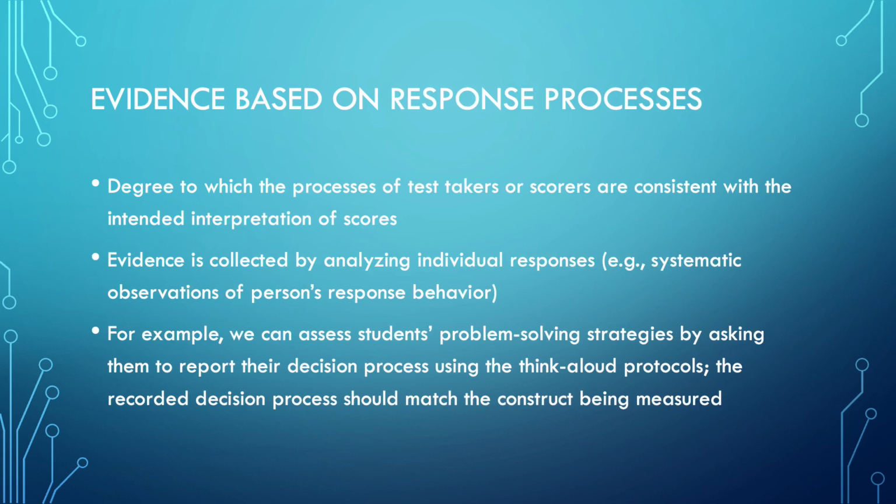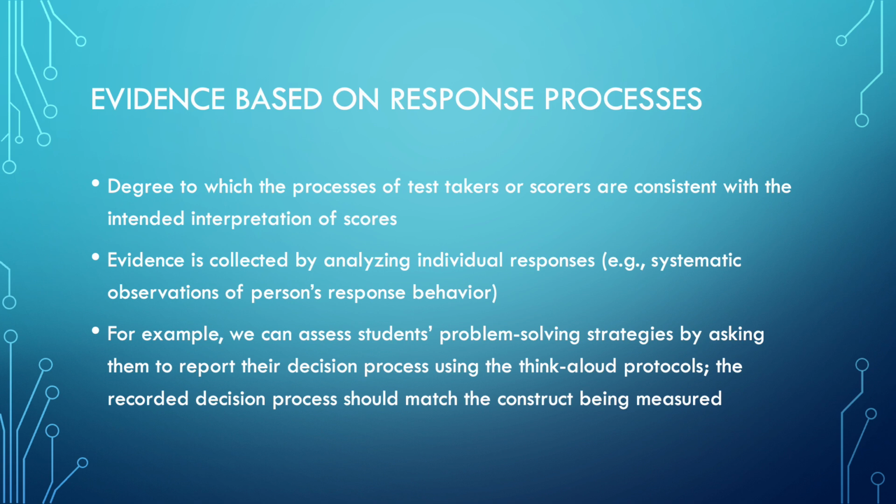We also have evidence based on response processes, which is the degree to which the processes of test takers or scorers are consistent with the intended interpretation of scores. Evidence is collected by analyzing individual responses, such as systematic observation of a person's response behavior. So, for example, we can assess a student's problem-solving strategies by asking them to report their decision process using the Think Aloud protocols.